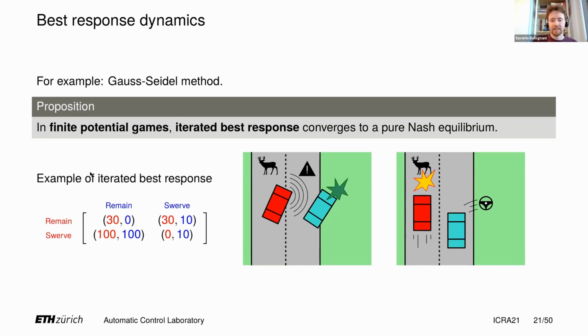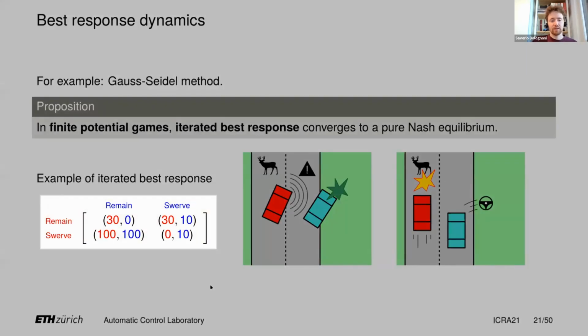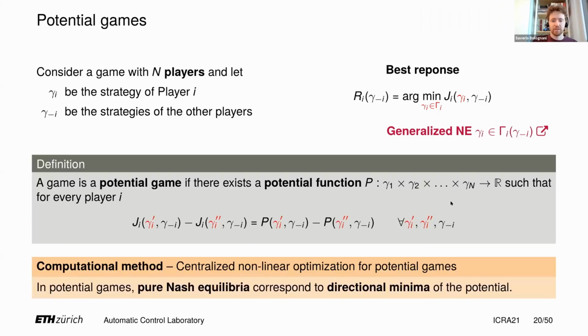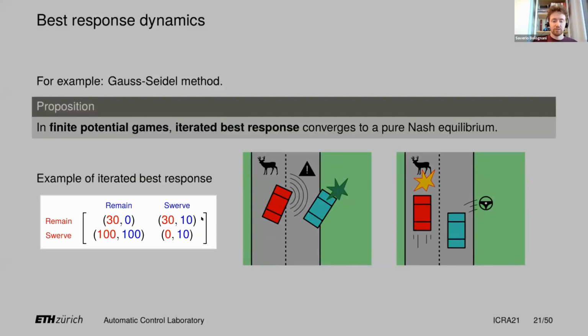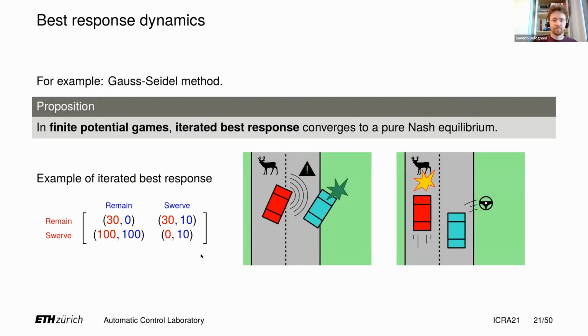Now, in the case that I had before, first of all, you can check yourself that this is actually a potential game, if there is a potential that satisfies the condition that I presented before. And so we are guaranteed that iterated best response in this case would converge to a Nash equilibrium. Now, with two players, iterated best response tends to be quite trivial.